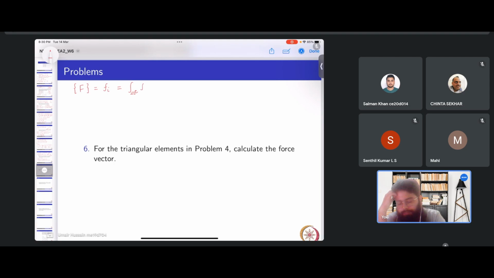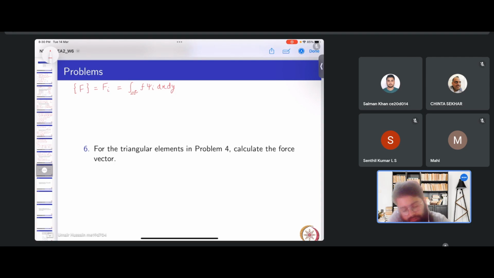So we have some distributed load F times the shape functions and of course dx dy.